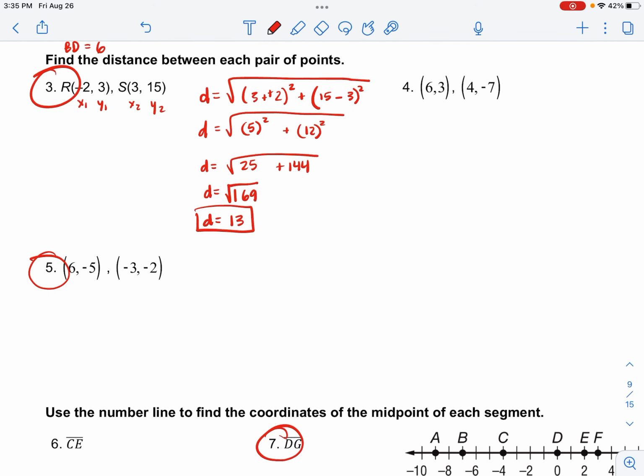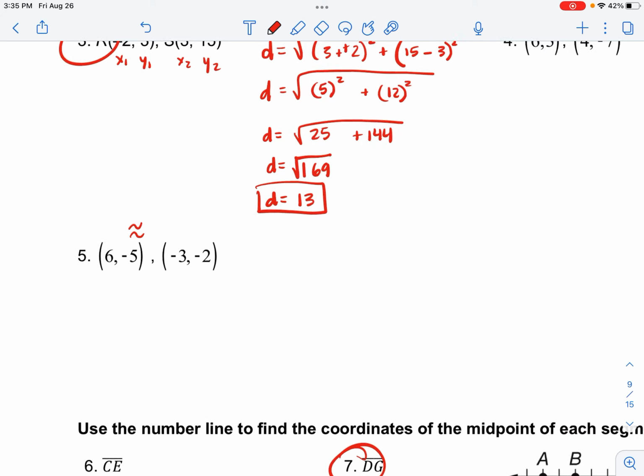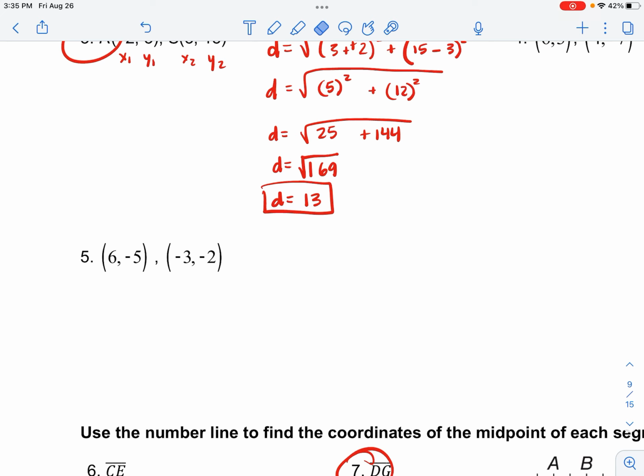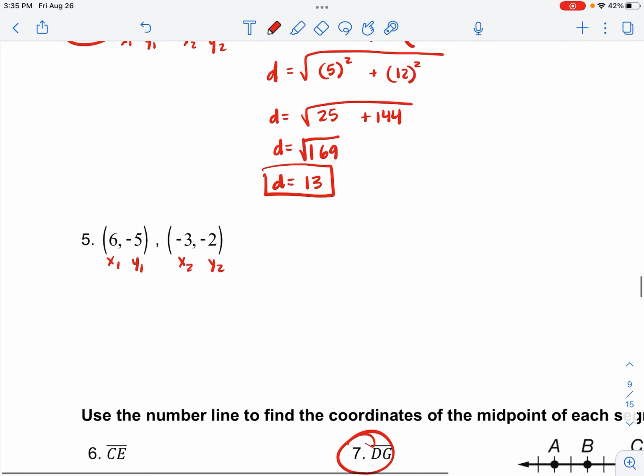Now, for number 4, you're going to actually need number 5 a little bit because I'm going to have you use the approximations for non-perfect square roots. Take the square root using your symbol. We're not going to do absolute value roots. So let's do this. We're going to say x1, y1, x2, y2, and we're going to plug everything in.